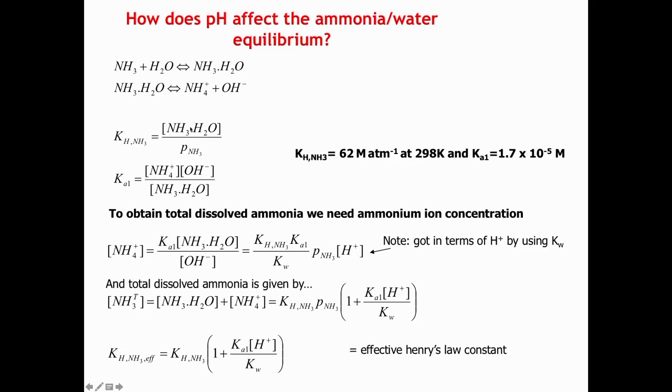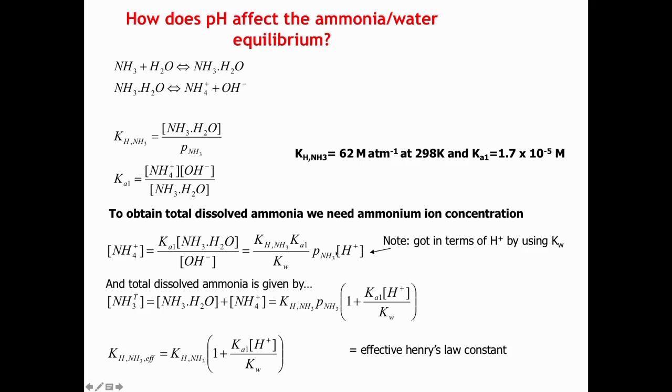So this can be expressed as KH times P. The product of these can be expressed as Ka1 times this. You can back substitute from here and you can come up with this relationship for the total NH4+. So that tells you how much ammonium you've got as a function of the equilibrium constants, the gas phase ammonia, and the pH.